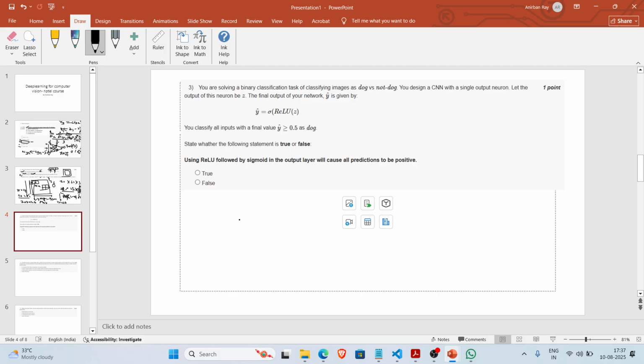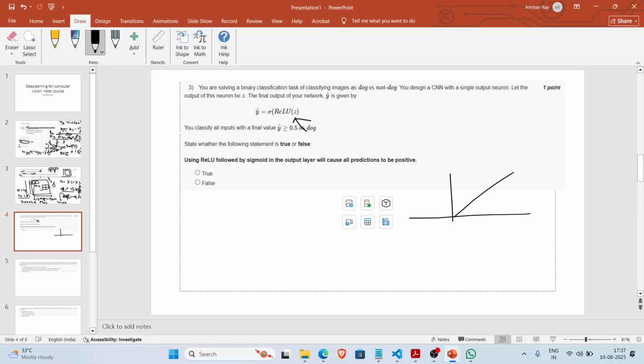Next, this is the question we have. Z is some output of a lot of convolutional layers, and finally you are getting the Z output. Now you are putting it through a ReLU function.